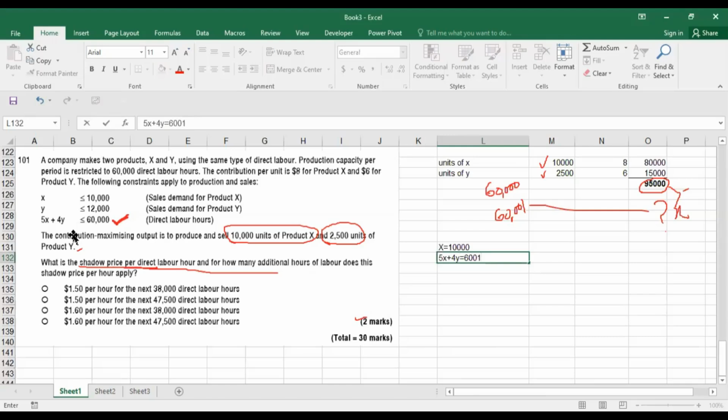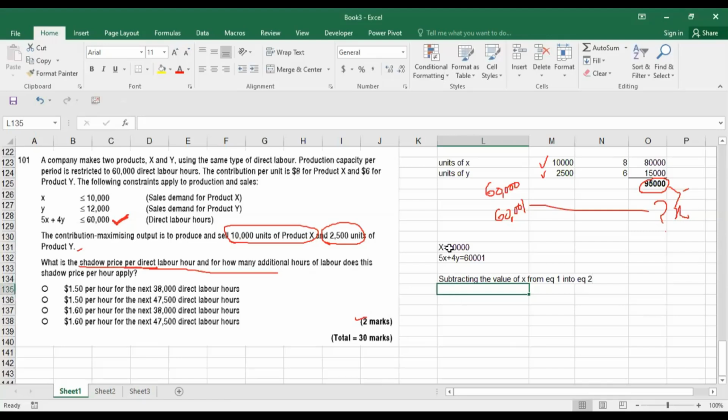5X means that 5 labor hours in each unit of X and 4 labor hours in each unit of Y, and you multiply them and the total number of hours are 60,001 hours. And now you can replace the values. Substituting the value of X from equation 1 into equation 2.